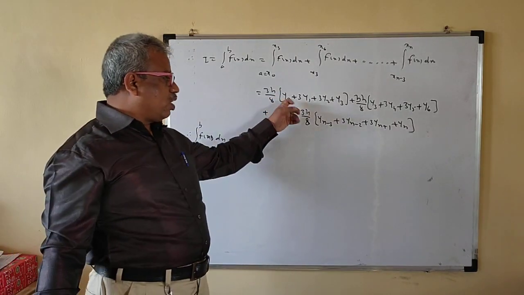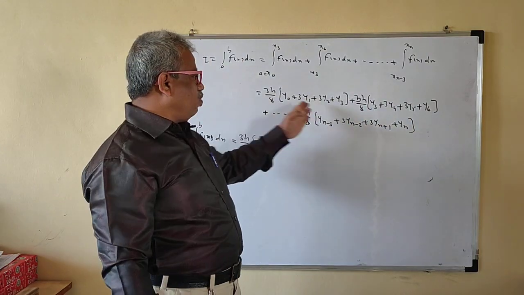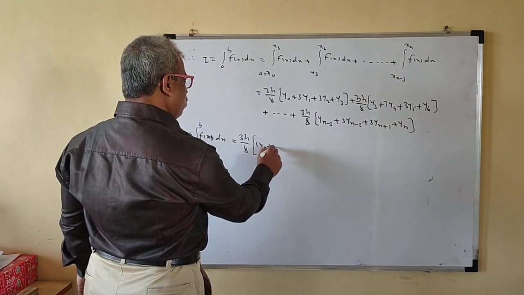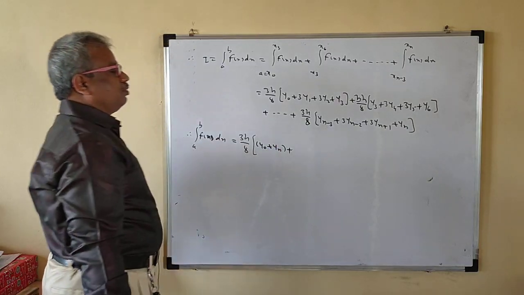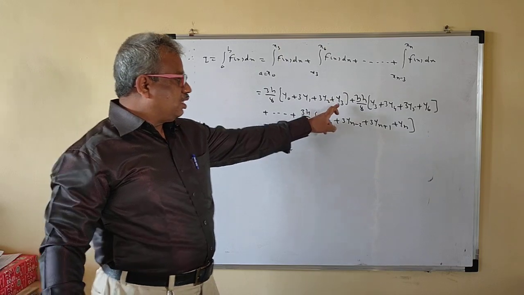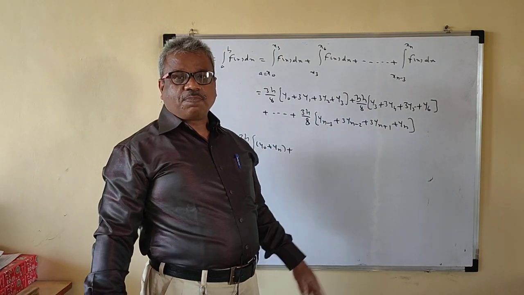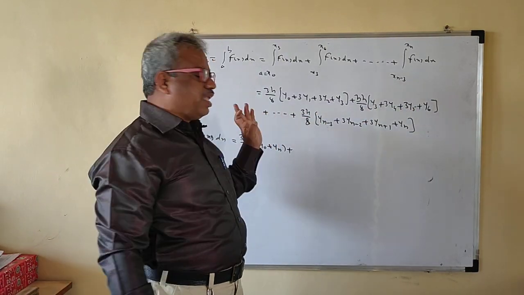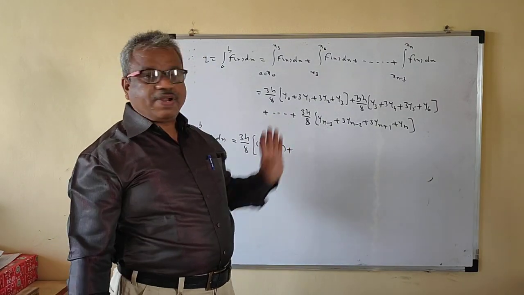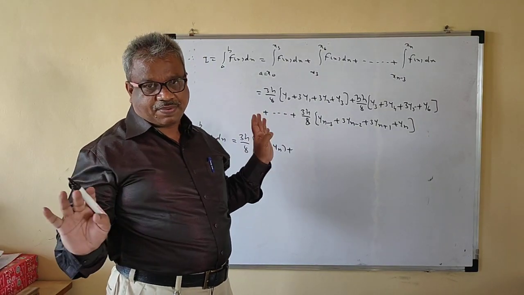Now see, y0 and yn occur only once. So I will write this as y0 plus yn, plus, now see here 3y1, 3y2, and y3 occurs here, and y6 will be there. That means if your suffix is a multiple of 3 it is repeated, other suffixes are not repeated.